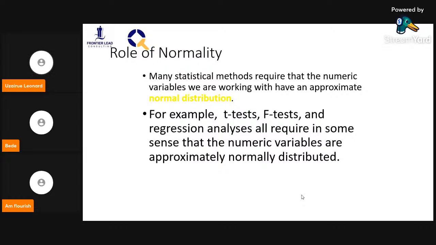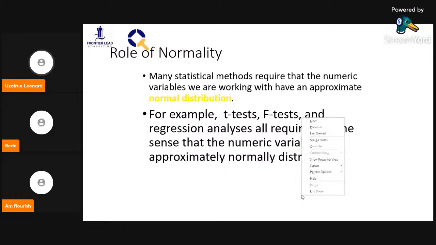You cannot assume. You must test the data to be sure that they are normally distributed. That is a very important aspect that we need to understand. It is very, very essential.